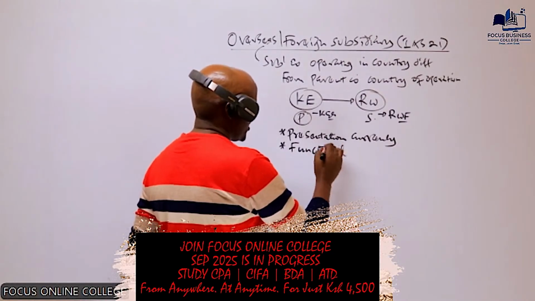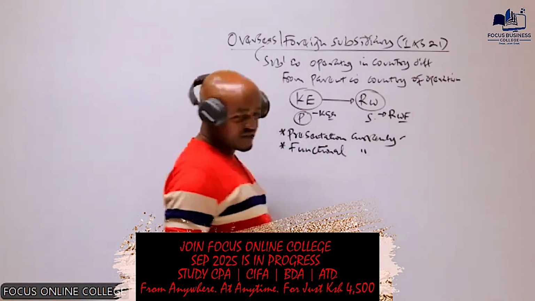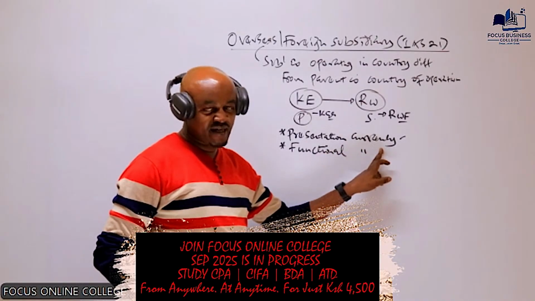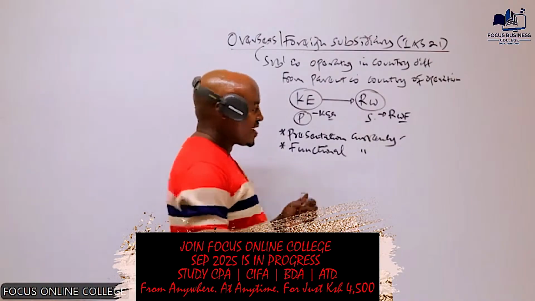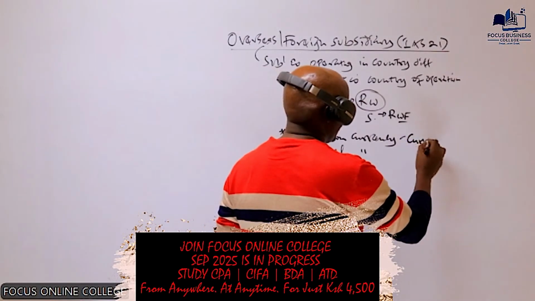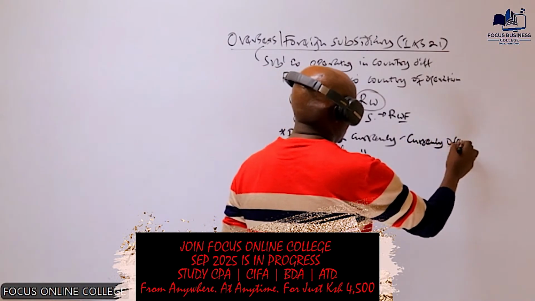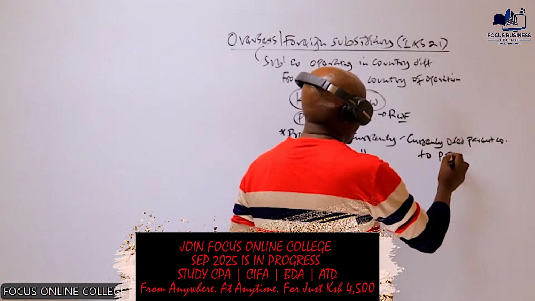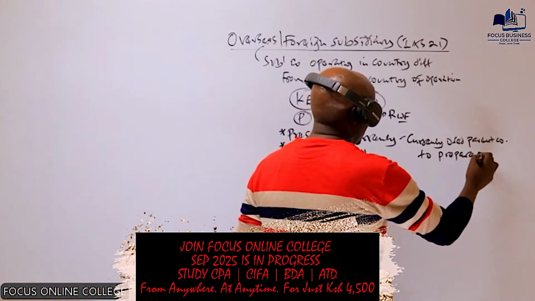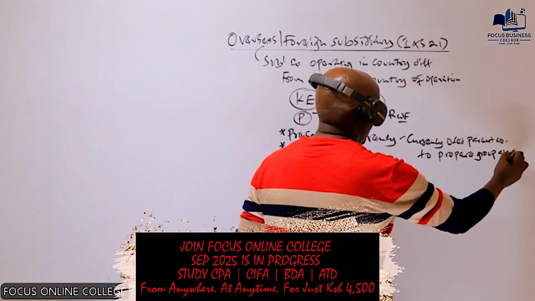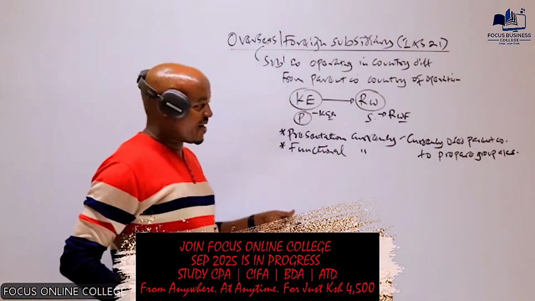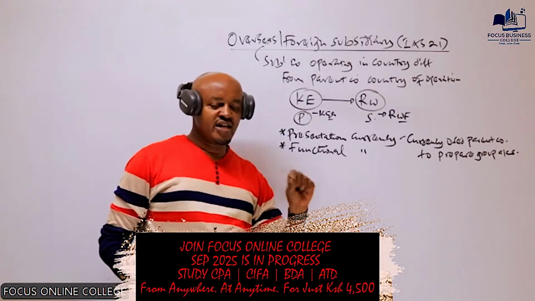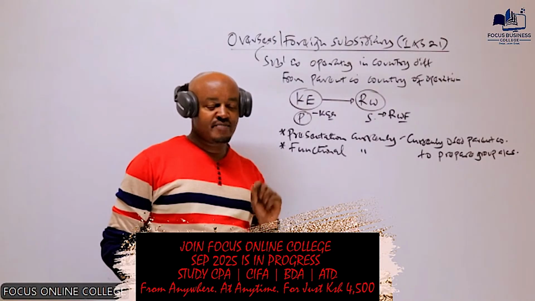When we talk about the presentation currency, this is the currency used by the parent company to prepare the group accounts. In most cases, if the parent company is a Kenyan company, it will be preparing the group account in Kenyan shillings.